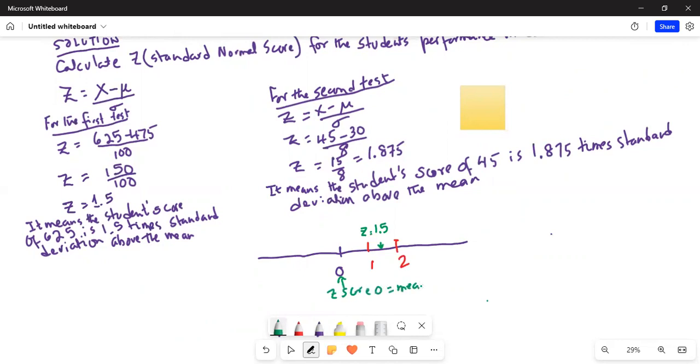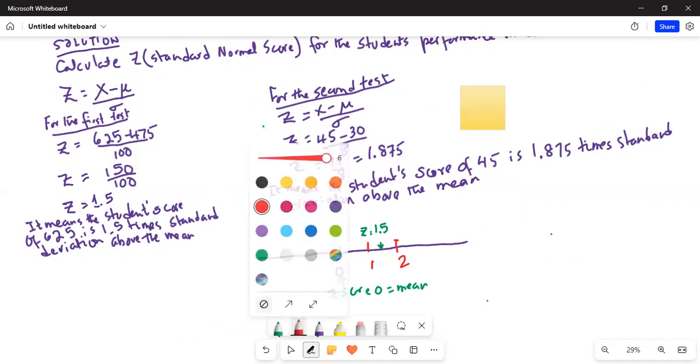Okay. So the first score of 625 is 1.5 standard deviations above the mean. Okay, what about the next one? Next one is 1.875. So that is closer to 2. So again, I'll change the color of the ink.